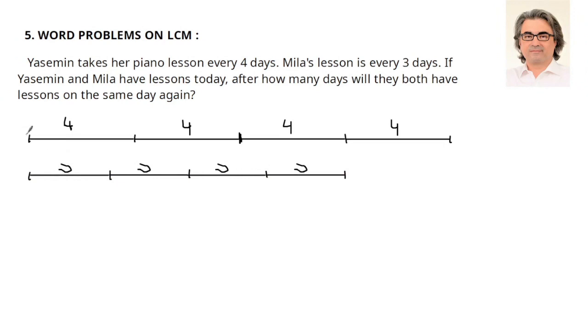Now they started on the same day, here. This is the same day and the starting day. If Yasmin and Mila have lessons today, this is today. Now, after that, as you see, we reached another day when they will take their piano lesson.